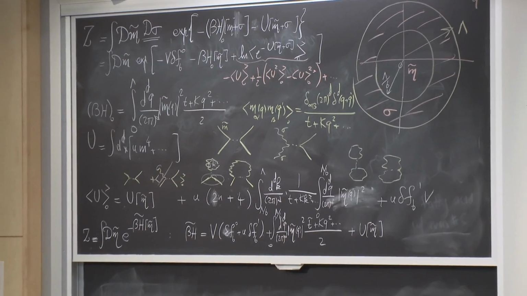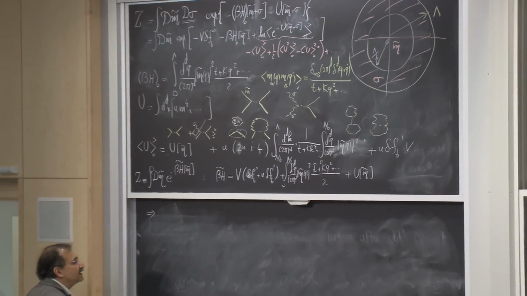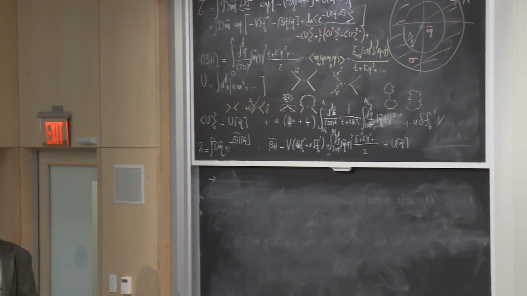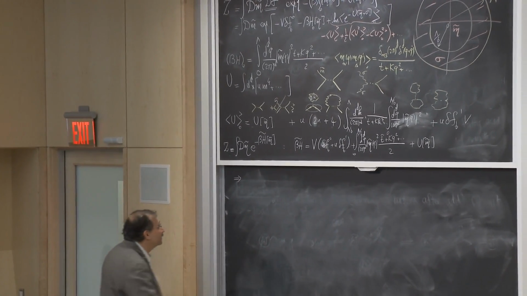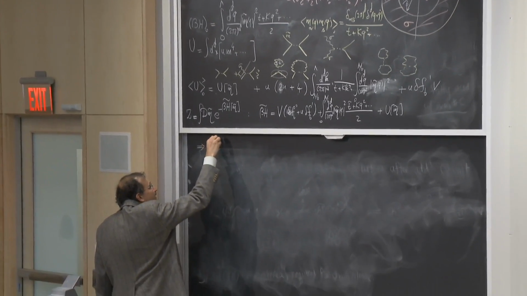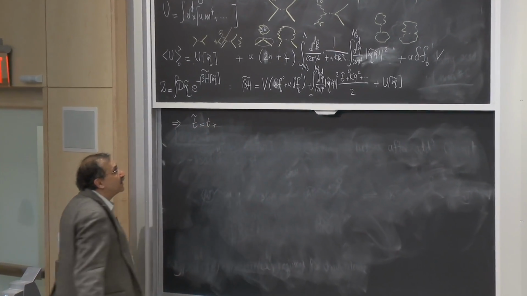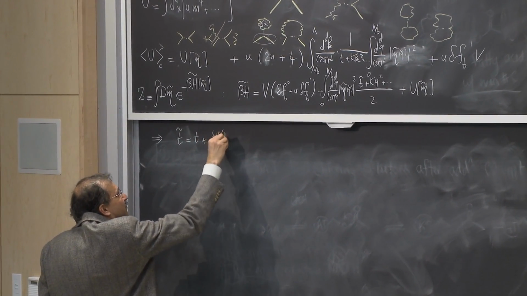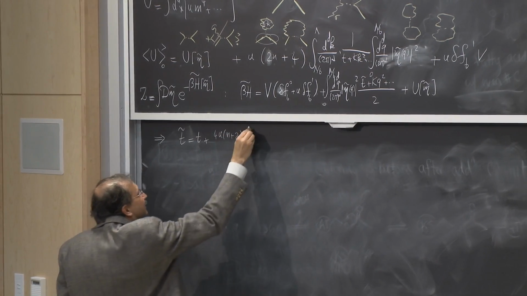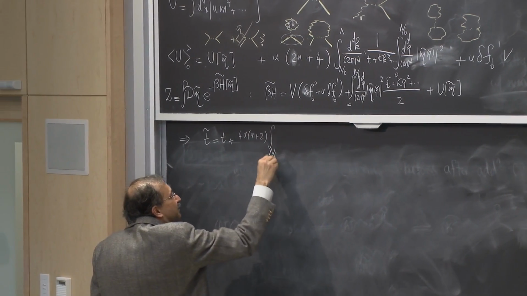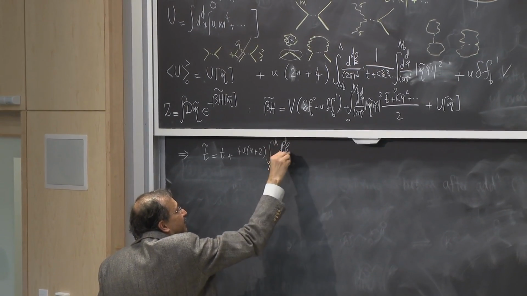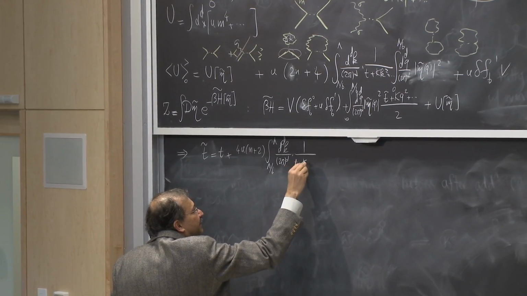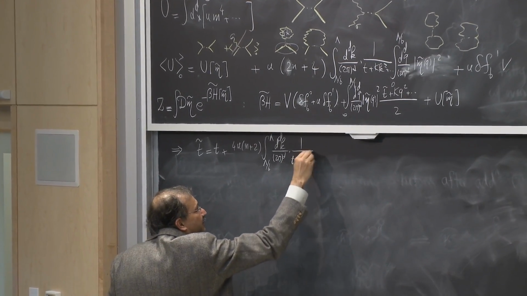So what happened is that this beta H tilde pretty much looks like the beta H that I started with, the only difference being that t tilde is t plus essentially what I have over there, 4 un plus 2 integral from lambda over b to lambda d^dk/(2 pi)^d, 1 over t plus k, k squared, and so forth.